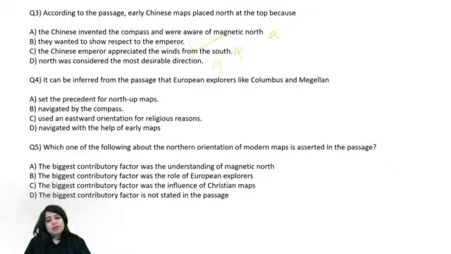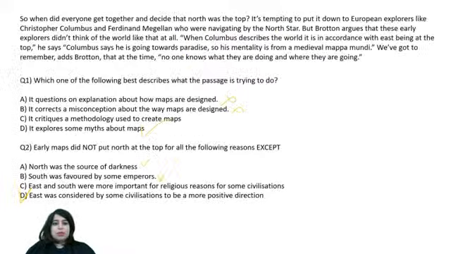It can be inferred from the passage that European explorers like Columbus and Magellan set the precedents for north up maps, or navigated by the compass, or used an eastward origin for religious reasons, or navigated with the help of early maps. So we can find this answer here. It says, when did everyone get together and decide the north was on top? So it's saying that it was easy to put it down to these explorers, but Broughton argues that these explorers didn't think of the world like that.